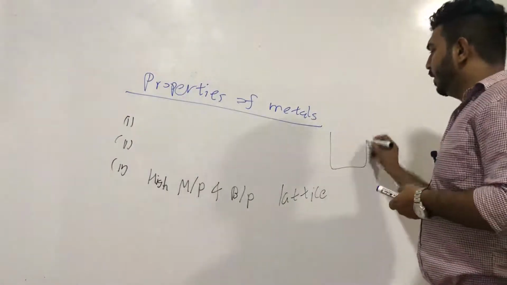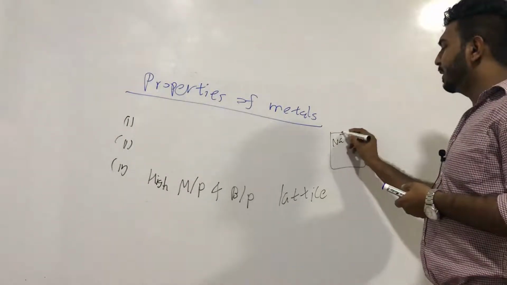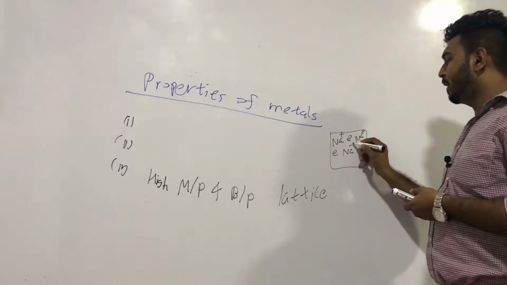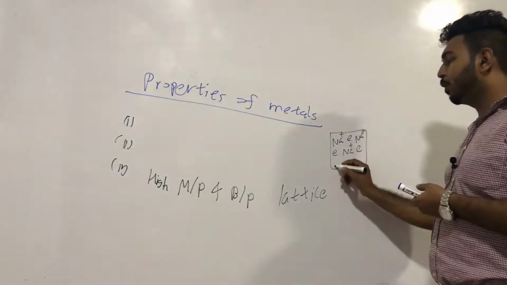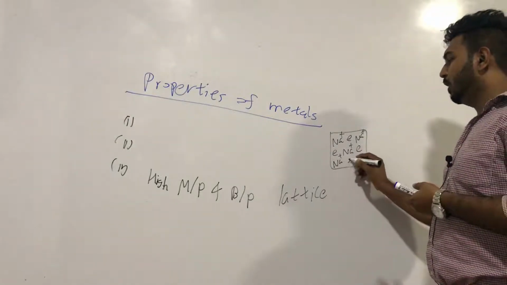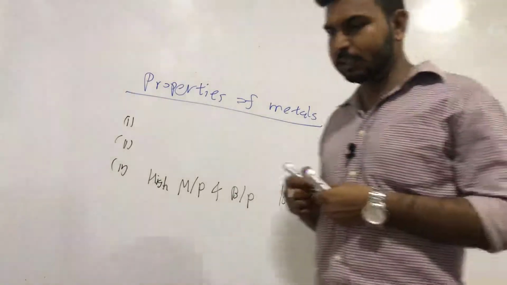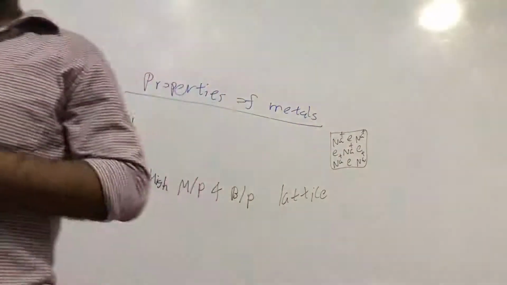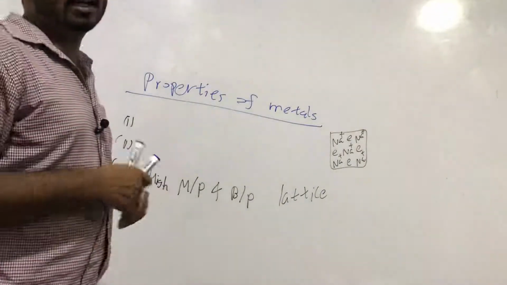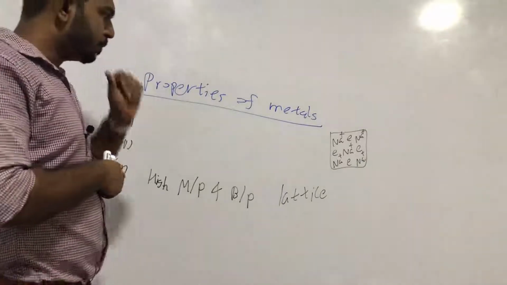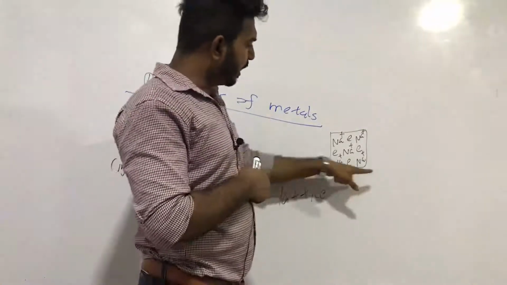In metals, we know that there is a pattern of electrons and positive ions. So we call this a lattice. We have to talk about lattices in this second unit. So in metals there are lattices.